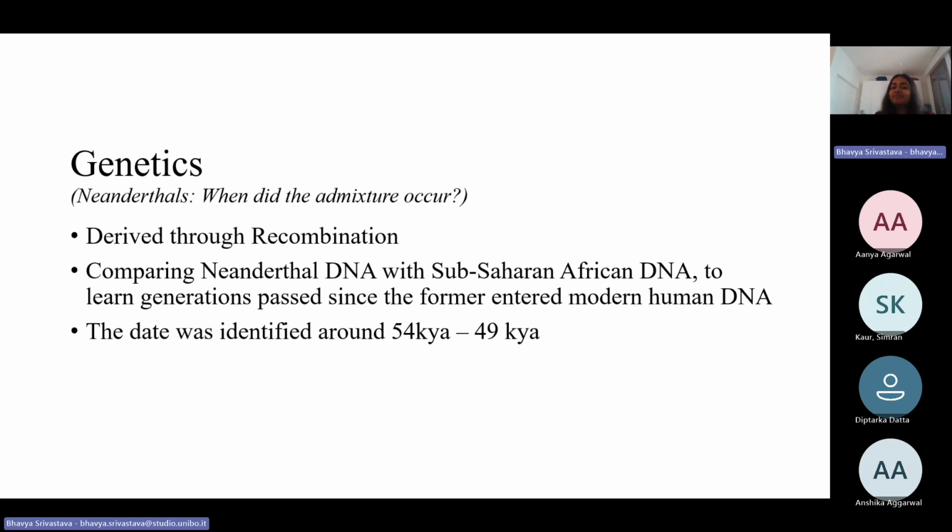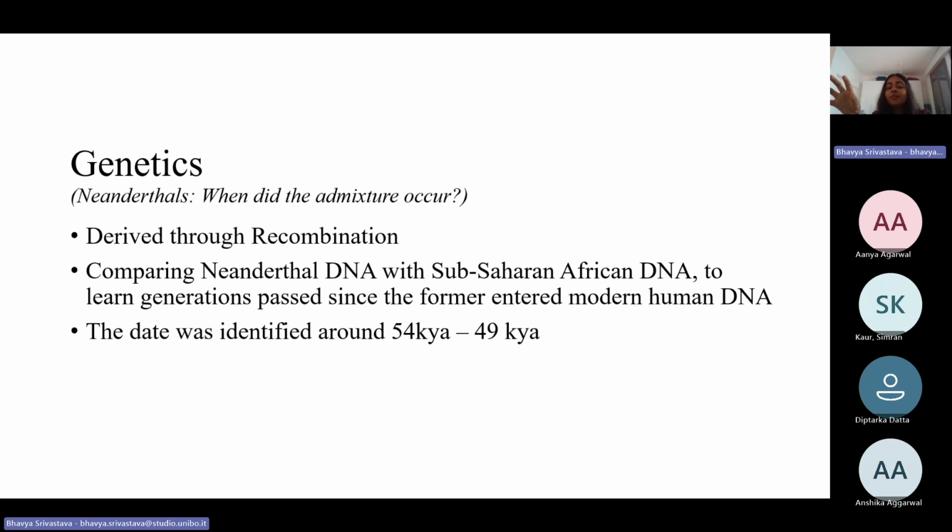And why this occurred is prone to a number of interpretations. It could be a peaceful interbreeding or maybe a community cohesion that may have existed. That is something that can be constructed through archaeological study as well.